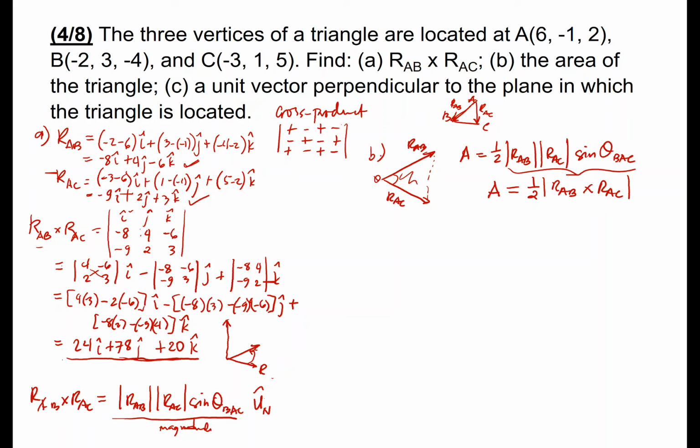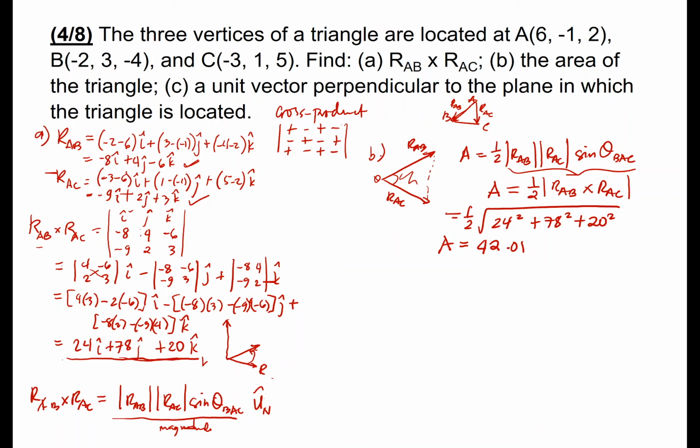Let us try to solve. This is equal to 1/2 times the square root of the magnitudes here: 24 squared plus 78 squared plus 20 squared. If you solve this one, the answer is 42.01.